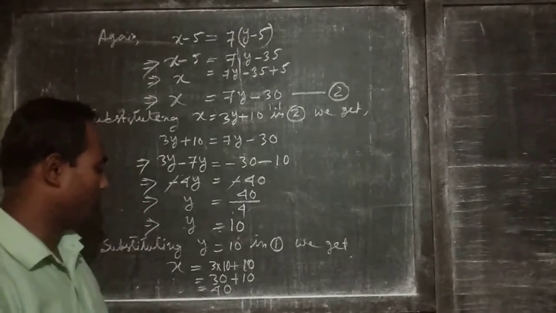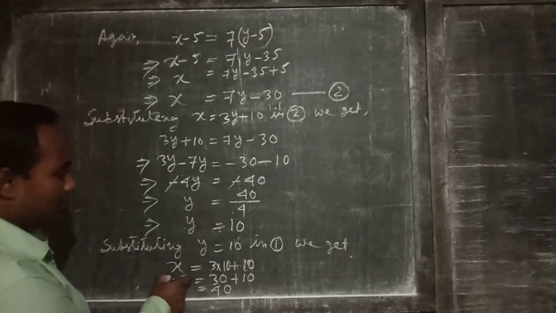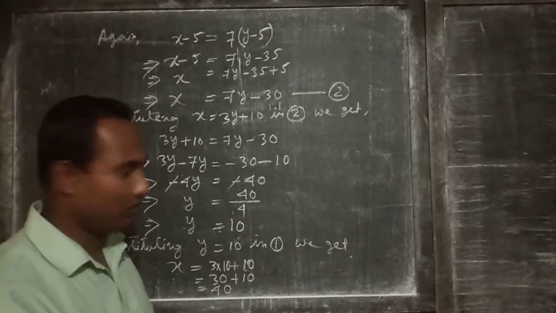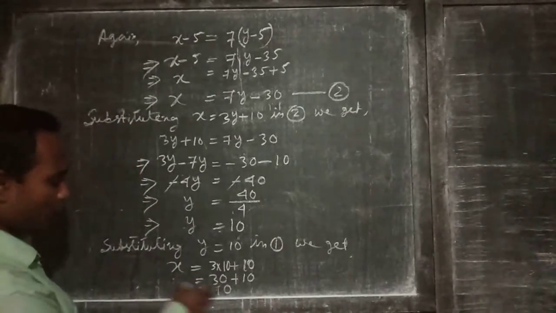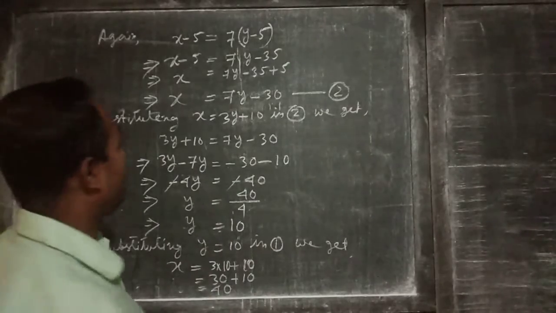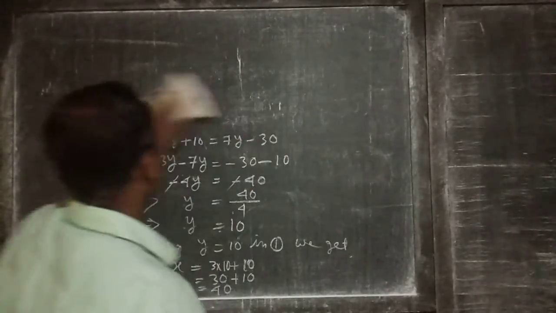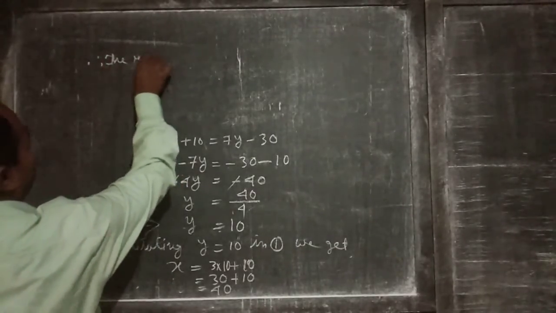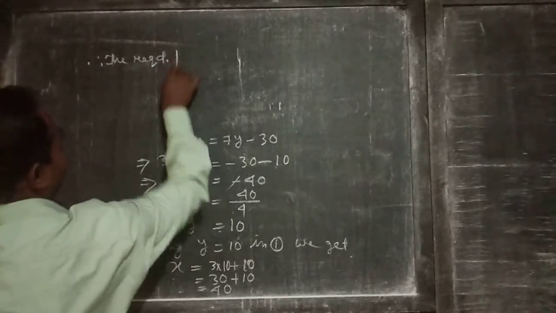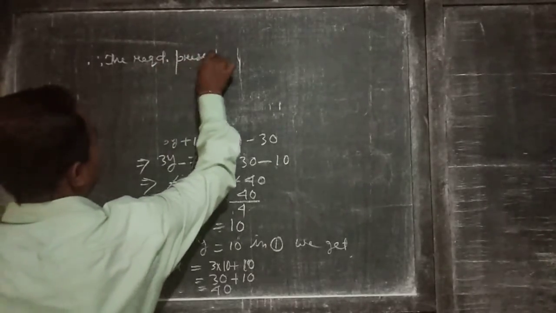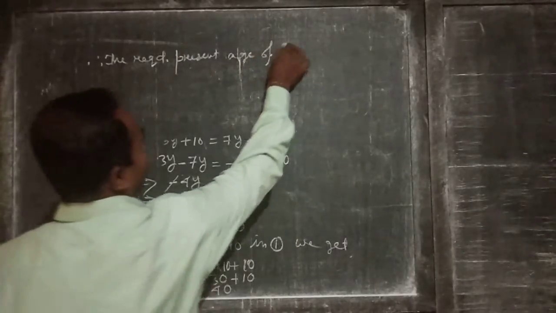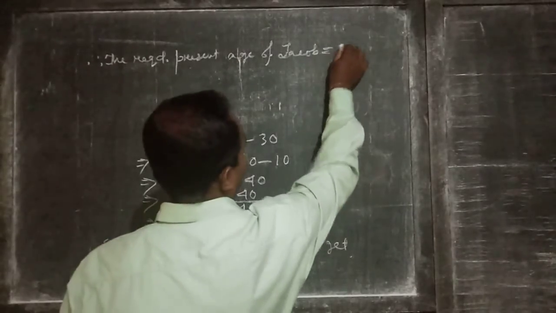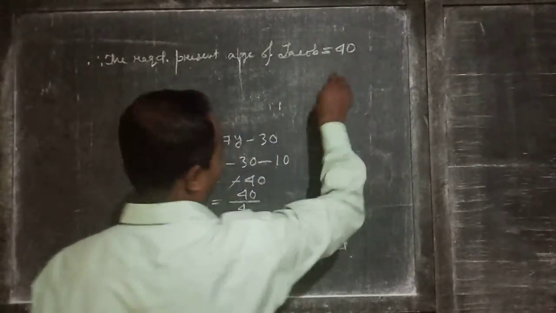Since we considered x as the present age of Jacob and y as the present age of his son, we have got the value of x as 40 and y as 10. Therefore, the required present age of Jacob is equal to 40 years, because the value of x is 40.